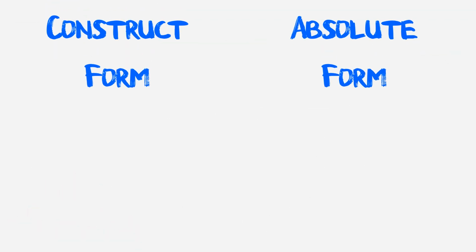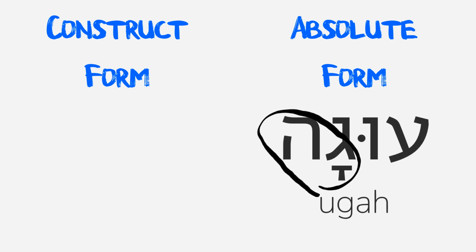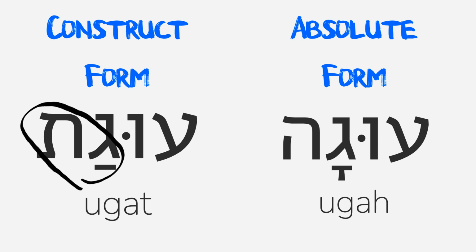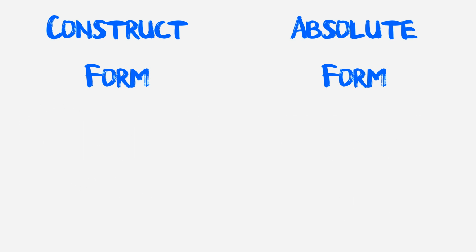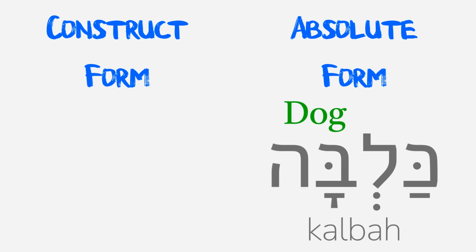Not every noun is like kelev, which is the exact same in absolute form and construct form. If a noun ends with kamatz hey, ah, that will change to a patach tav, at, when we put the noun in construct form. For an example, let's use the feminine version of kelev, dog, which is kalba.